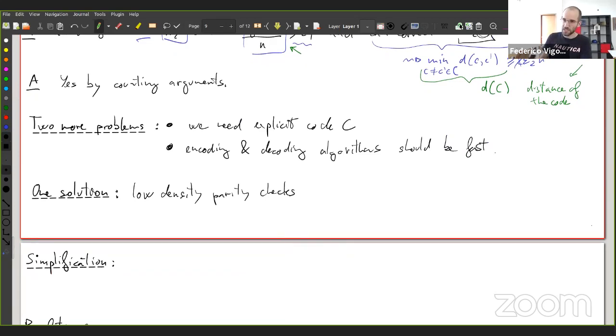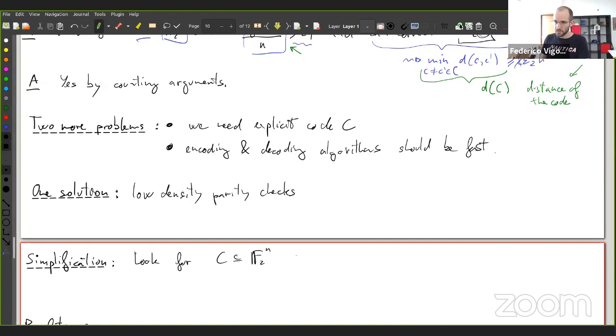Since we're looking for a subset of a vector space, we can look for a code C that is a vector subspace. And such a code would be called a linear code.